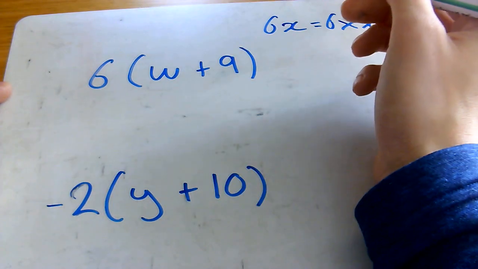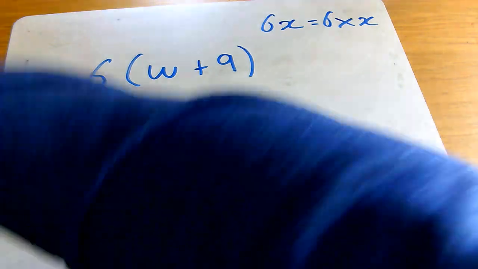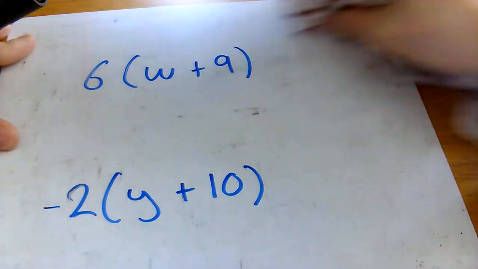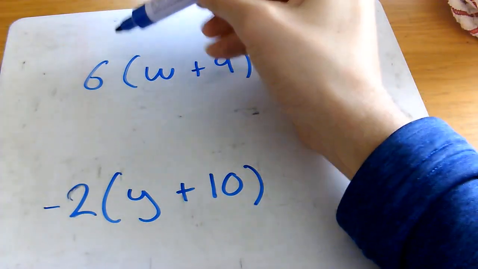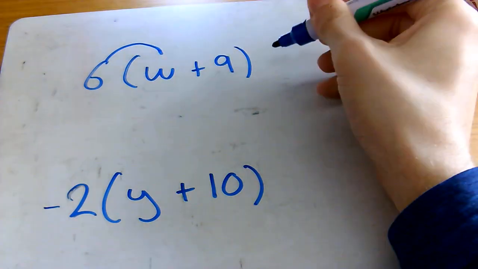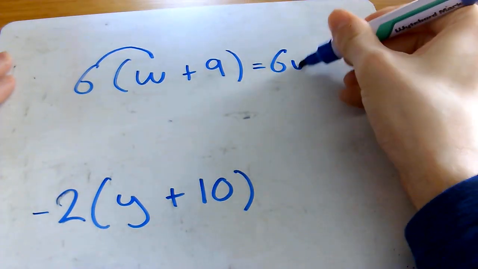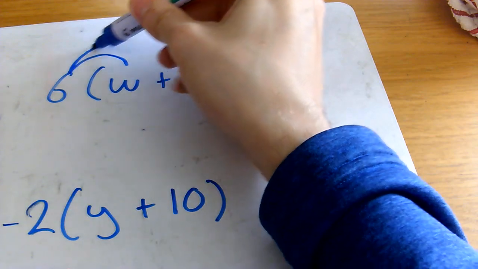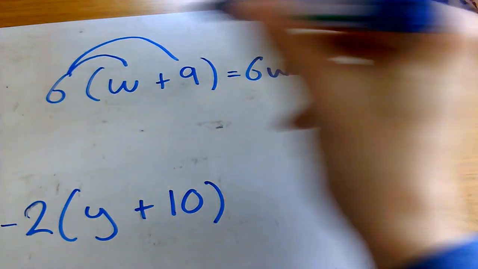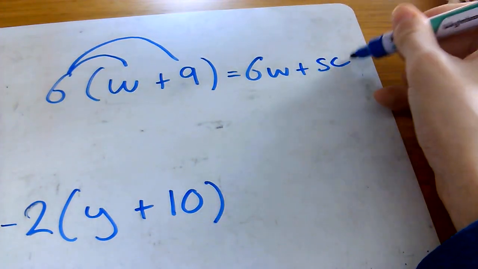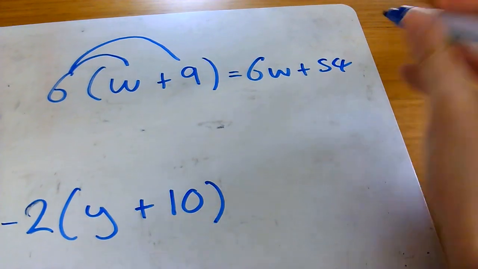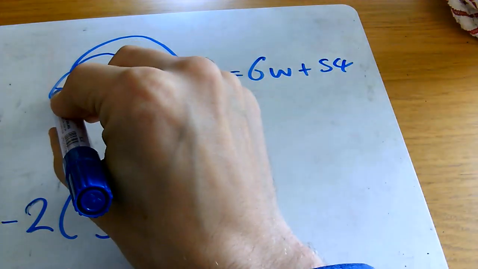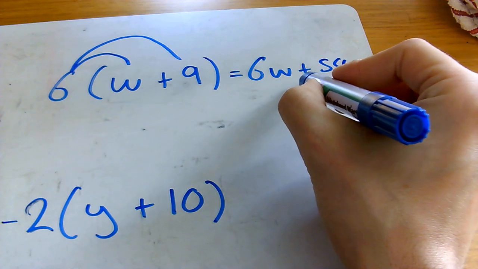So this does mean multiply. So the method's the same, it's always going to be the same. You're going to do 6 multiplied by w, which is 6w. And then don't forget to do 6 multiplied by 9. So you're going to do 54 on the end. And it's positive 54 because it's positive 6 multiplied by positive 9.